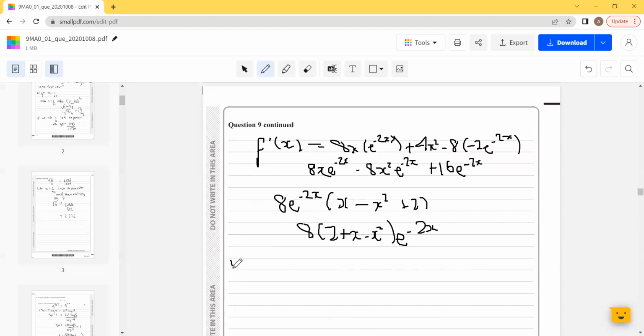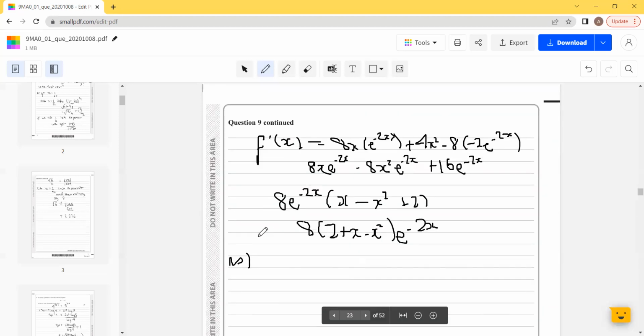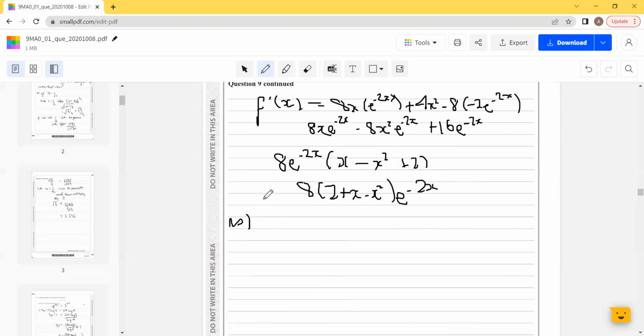Okay, part B. Well, what is part B? Hence, find in the simplest form the exact coordinates of the stationary points of C. So that's when this expression is equal to 0.